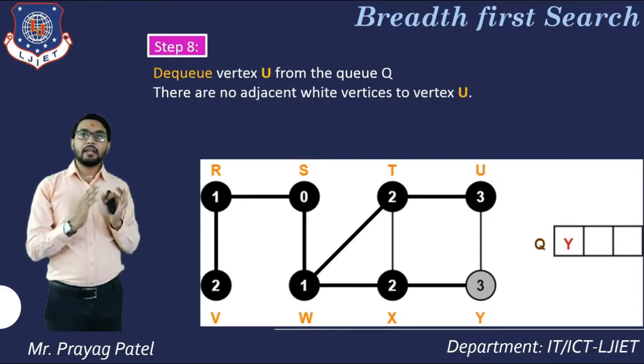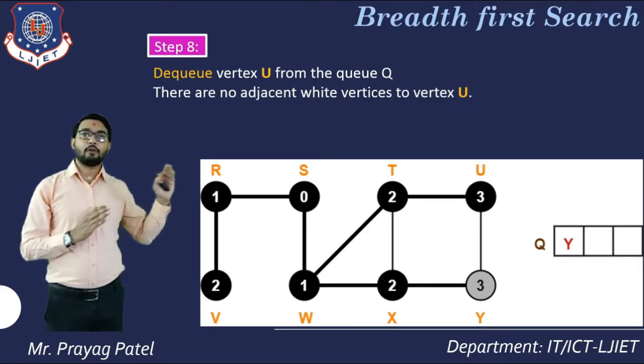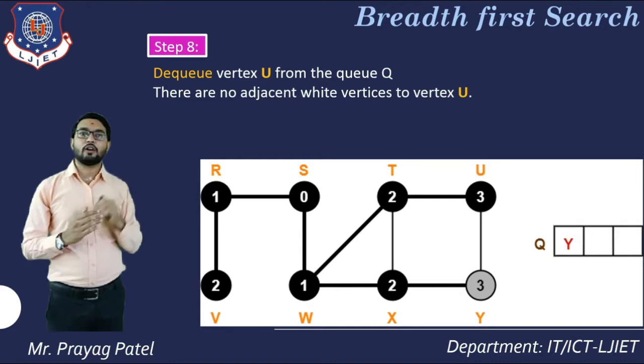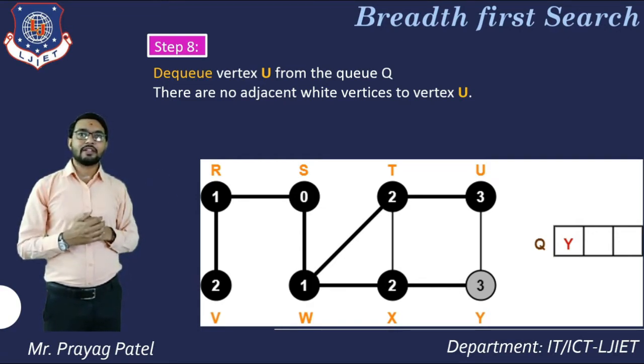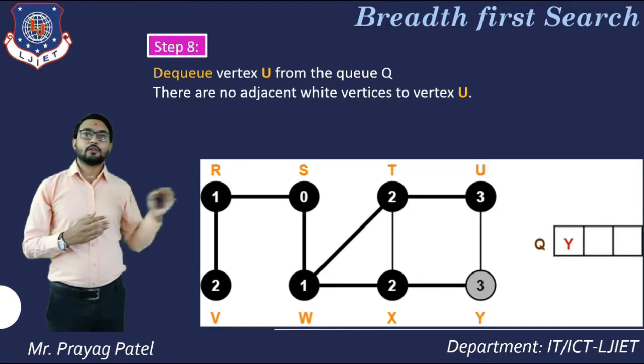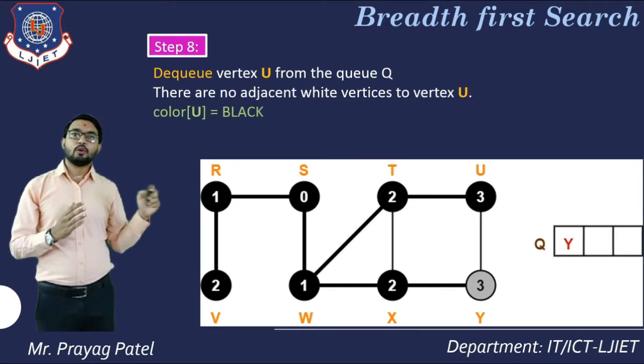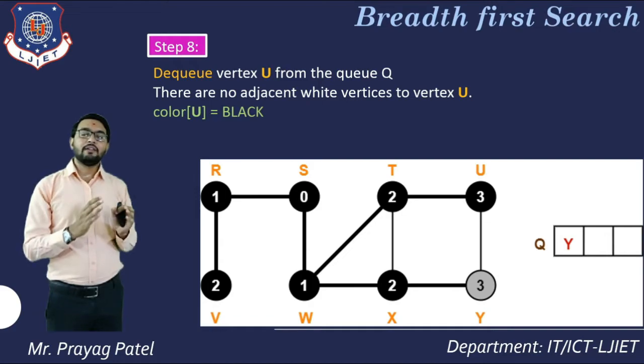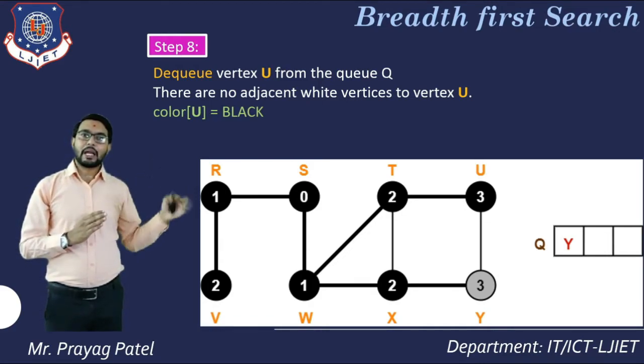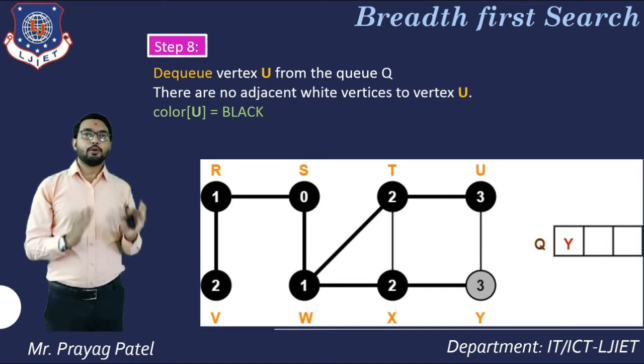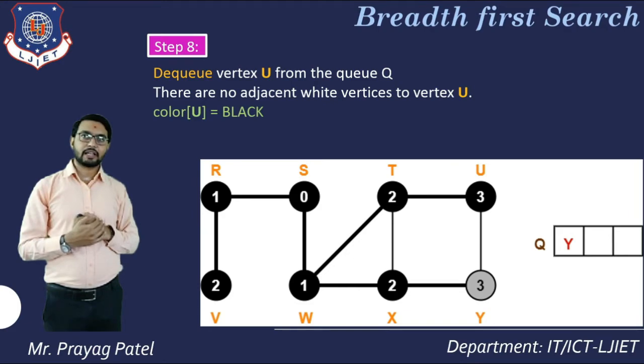But no white vertices remain adjacent to the node u, so there are no adjacent white vertices to vertex u. No operation is done. Only the color of the node u becomes black, because all the operations for the node u are performed.